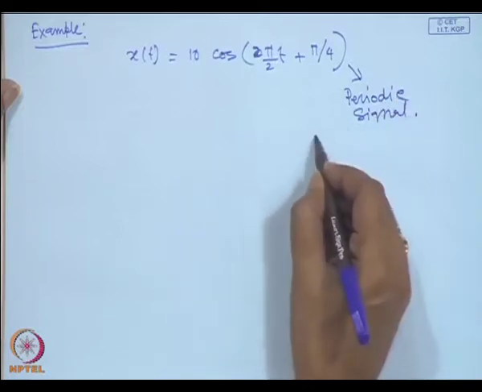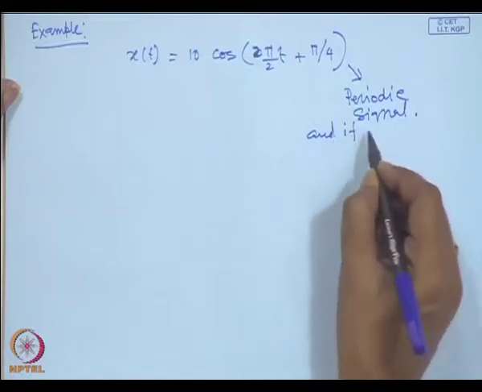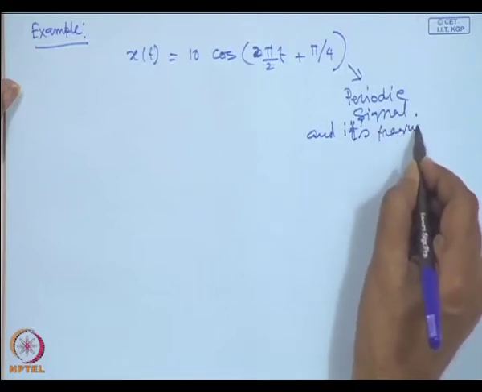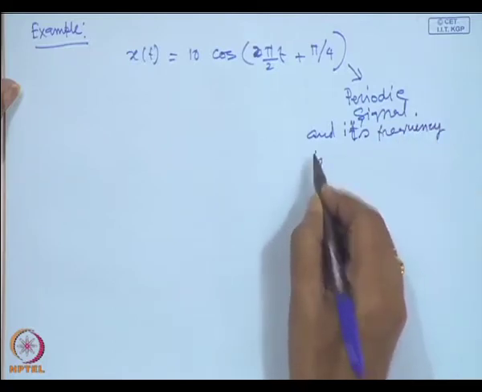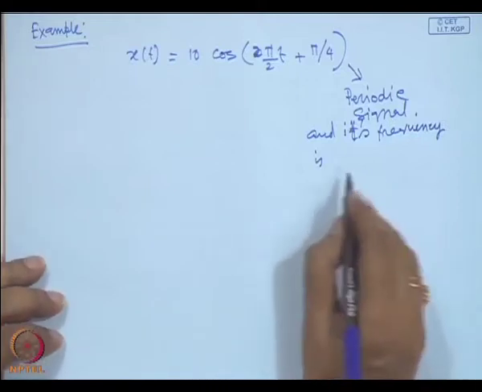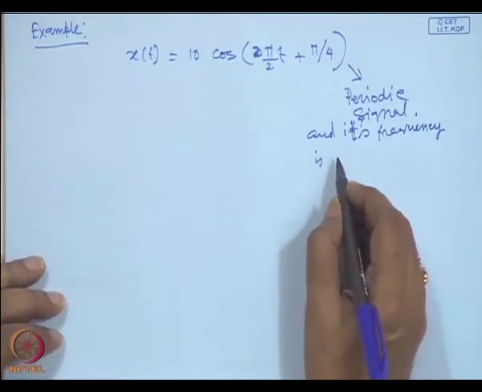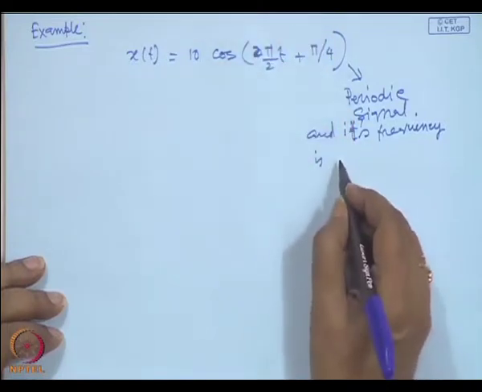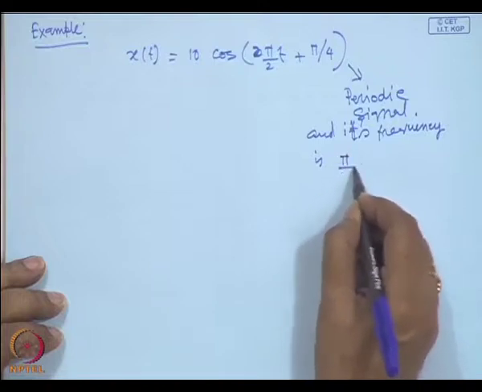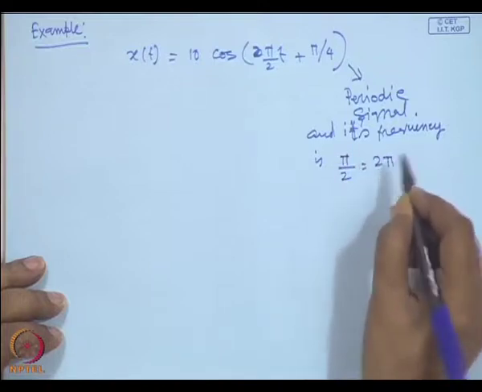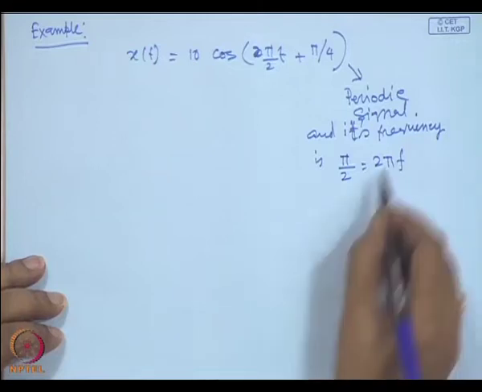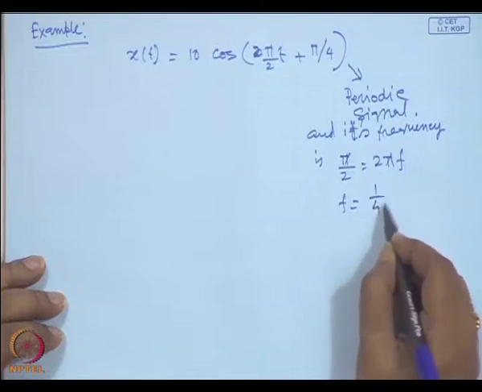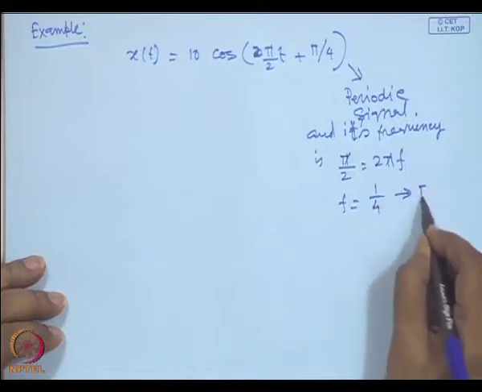What is its frequency? Let us call this omega. Omega is pi by 2, which is equal to twice pi f. So pi cancels, f is equal to 1 by 4, which implies T is equal to 4.